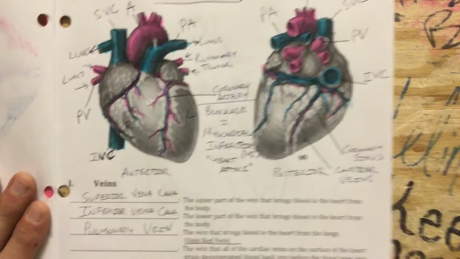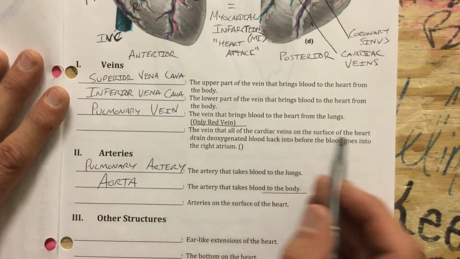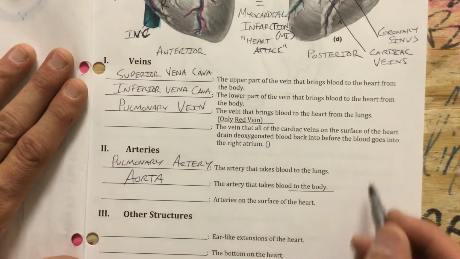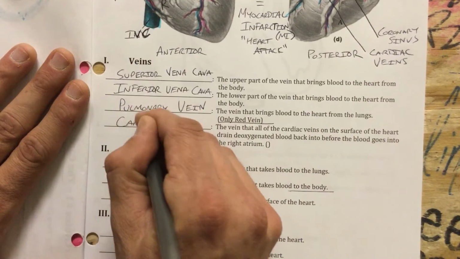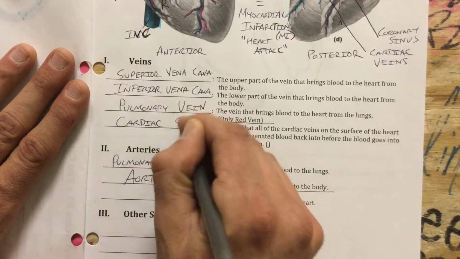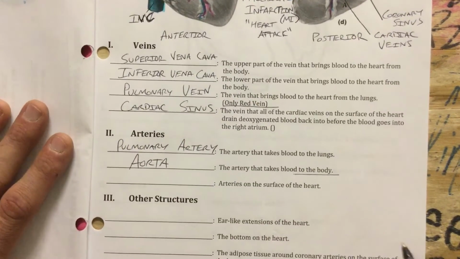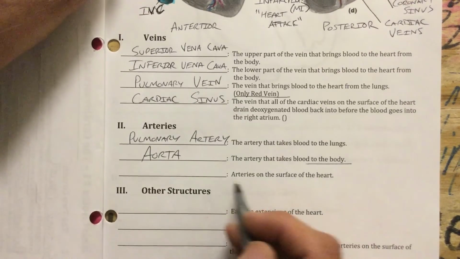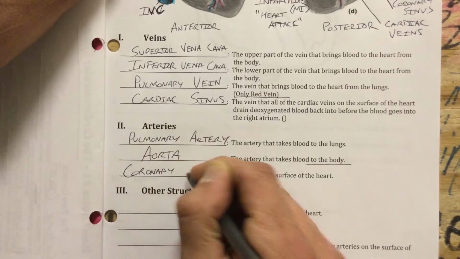And so on the notes here, we've got the vein that all the cardiac veins on the surface of the heart drain deoxygenated blood back into before it goes into the right atrium. Those are called, the vein is called the coronary sinus. The sinus is an empty chamber, like the sinus is in your face, behind your nose and above your eyes and stuff. And then the arteries on the surface of the heart are called coronary arteries.